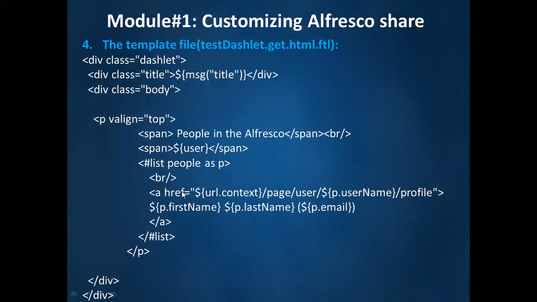And inside this tag, list people as P, this code will give us, dollar between brackets, the username, the first name, the last name, and the email.